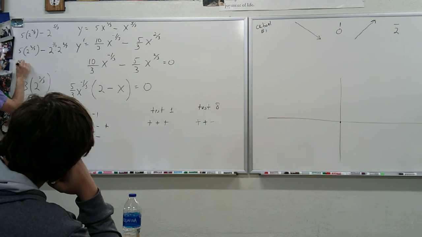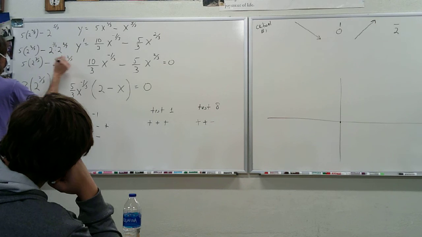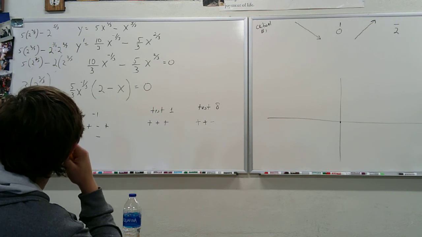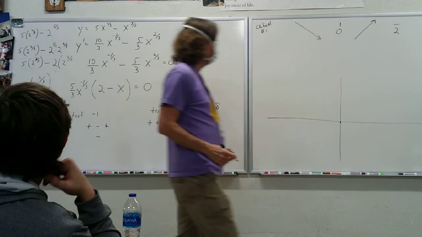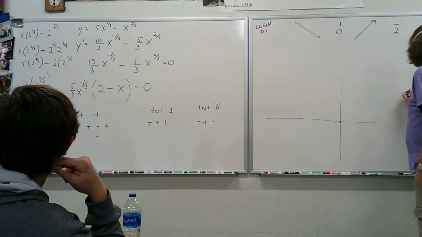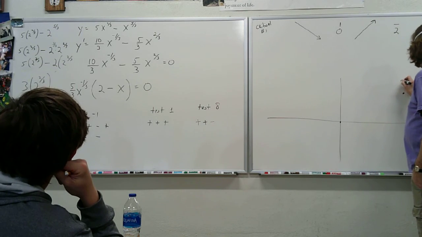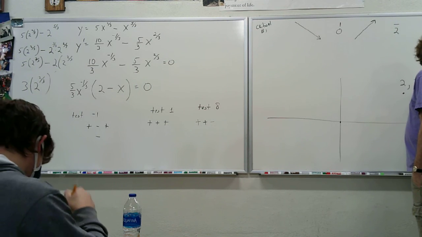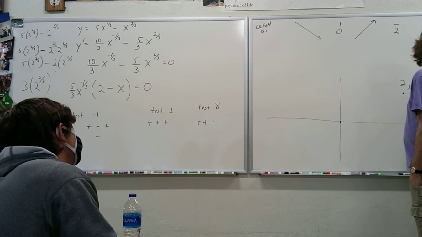And then that's 5, 2 to the 2/3 minus 2, 2 to the 2/3. And then when you subtract them, you get what? 3 times what? 2 to the 2/3. So you're at 2, and you're up at 3 times 2 to the 2/3.